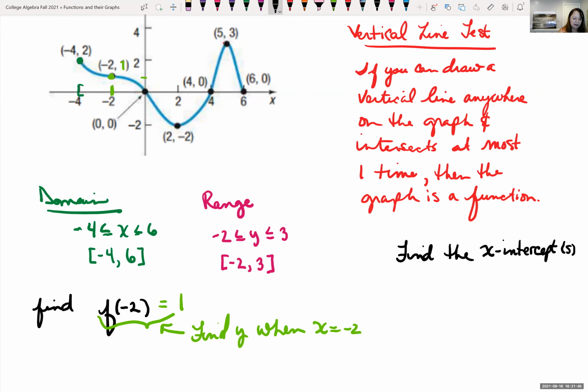If we look at where it's touching or crossing the x-axis, you can see that's in multiple spots. We have a point at 0, 0, a point at 4, 0, and a point at 6, 0. So in this case, we have 3 x-intercepts at 0, 0, 4, 0, and 6, 0.